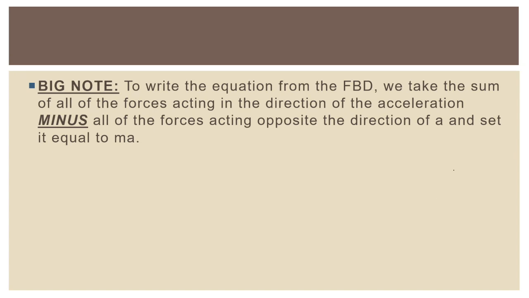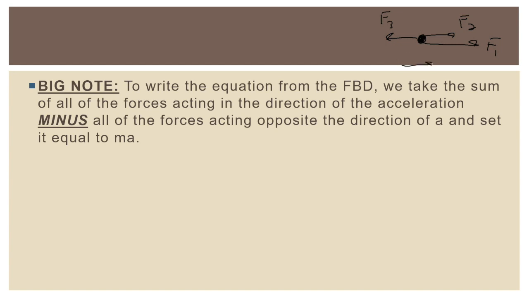So let's say you had a diagram here where you had two forces, which we'll call F1 and F2, acting to the right, and you had one force, F3, acting to the left. Judging by the diagram here, because the length of the arrows shows you the relative magnitude of the forces, we should expect this object to accelerate to the right.